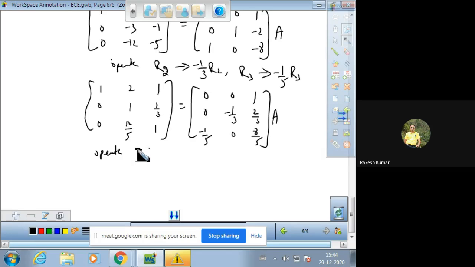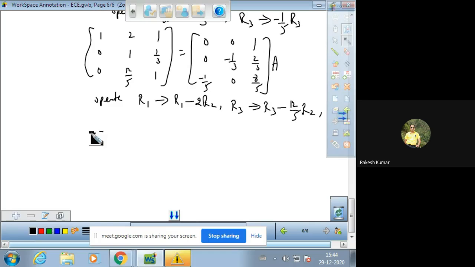So operate, R1 will be done like this, R1 minus, this is a 2. And how will you make this element 0? It is simple: R1 minus 2 times R2 will be used, and similarly this will be made 0. R3 will be applied as R3 minus 12 by 5 R2.